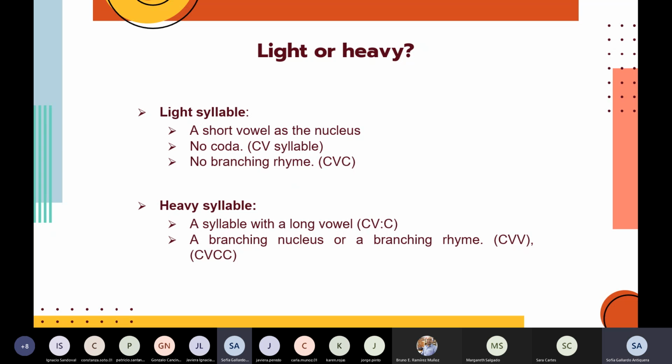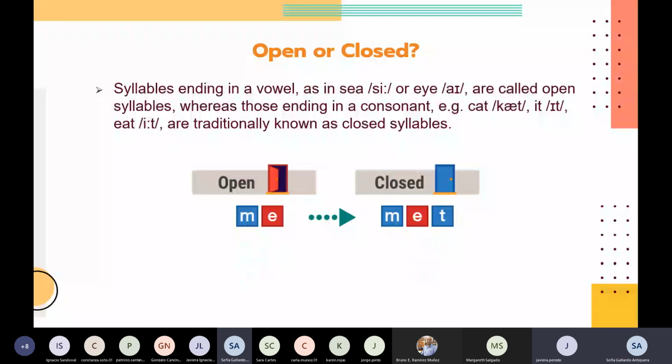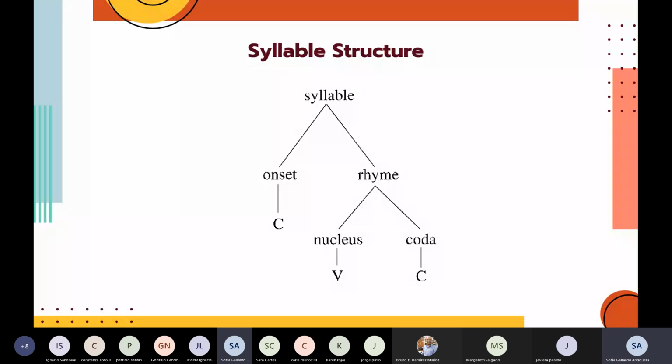Any other question? Sorry, which was the coda? I'm sorry for asking again. No, that's fine. So we can go back again. As I told you, within the syllable we have the onset and the rhyme, and within the rhyme we have the nucleus and the coda.